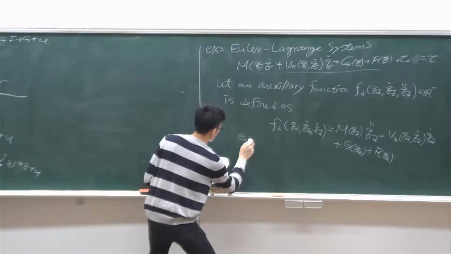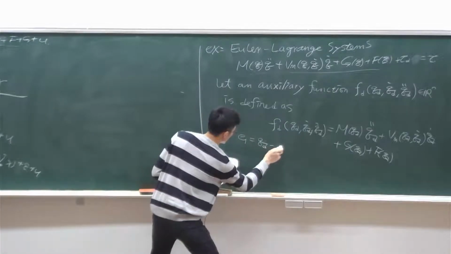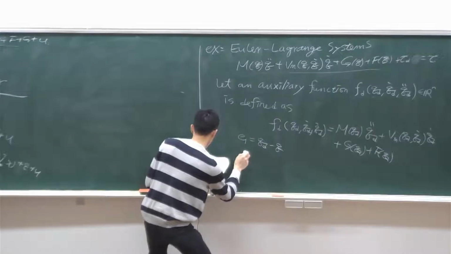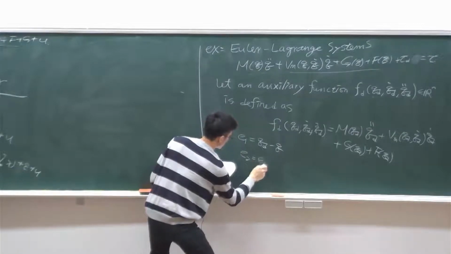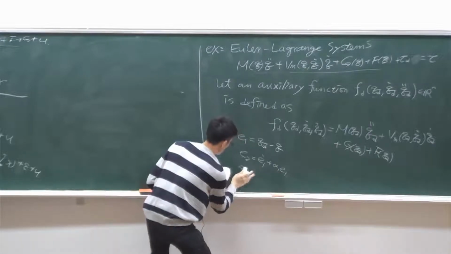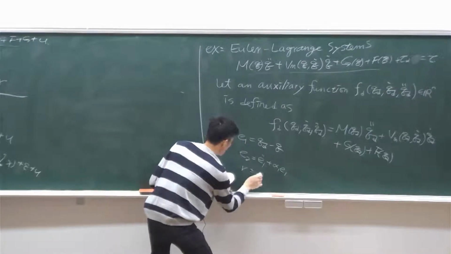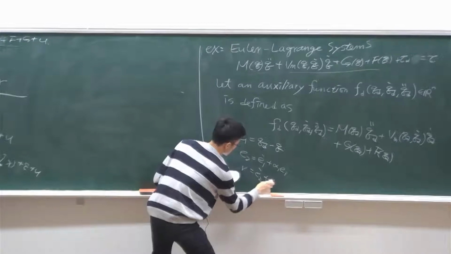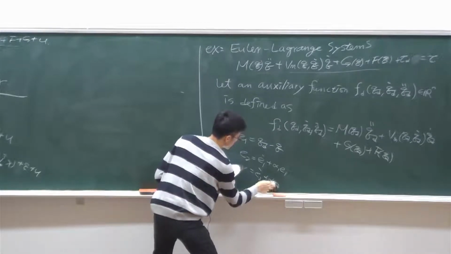Before, filter tracking error, E1 equal to the tracking error. E2 is E1 dot plus alpha 1 E1, and R is E2 dot plus alpha 2 E2.